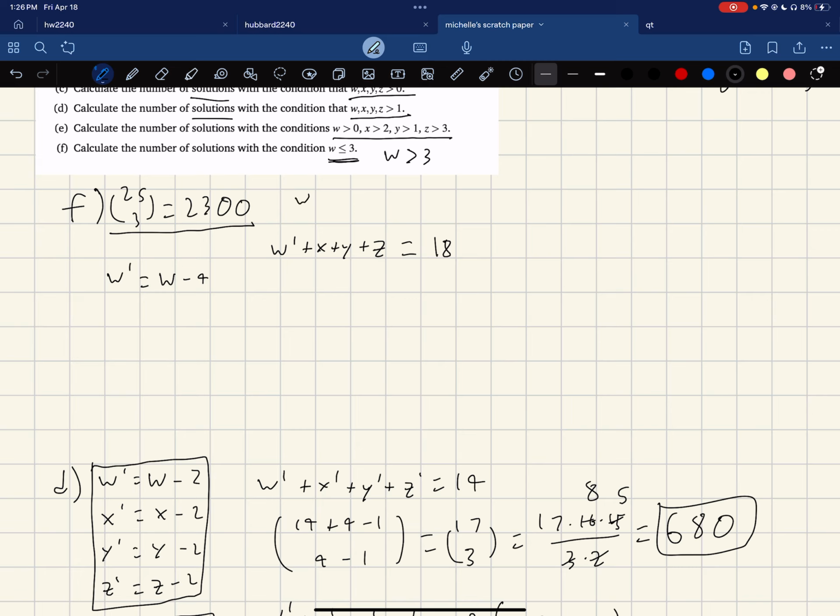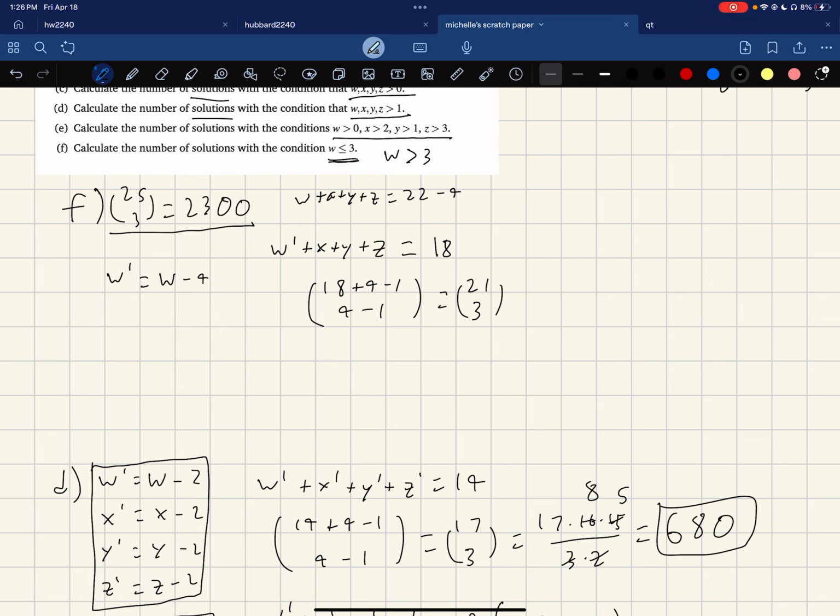You would just get this from W plus X plus Y plus Z equals 22, and then when you subtract 4 from both sides, you can substitute with W prime. So we try to solve this with the same method as earlier. We have 18 balls plus 4 bins minus 1 equal to 21 choose 3.